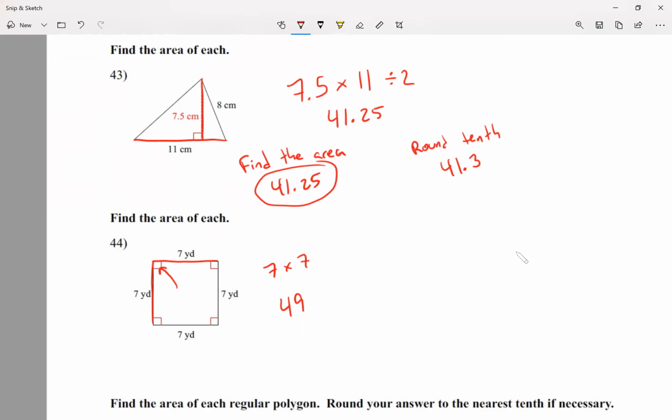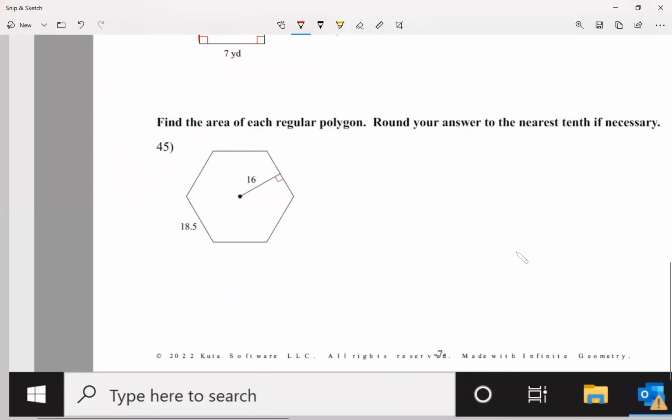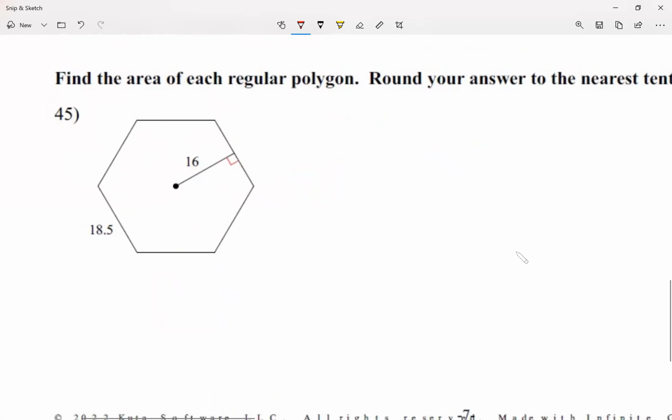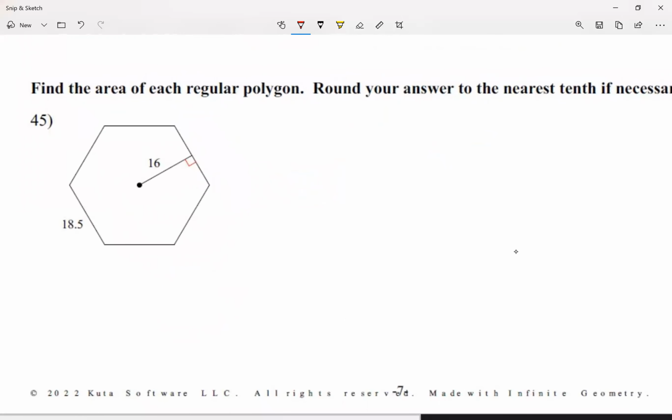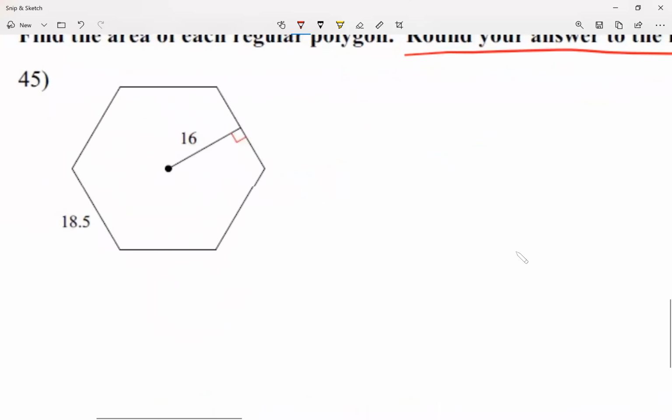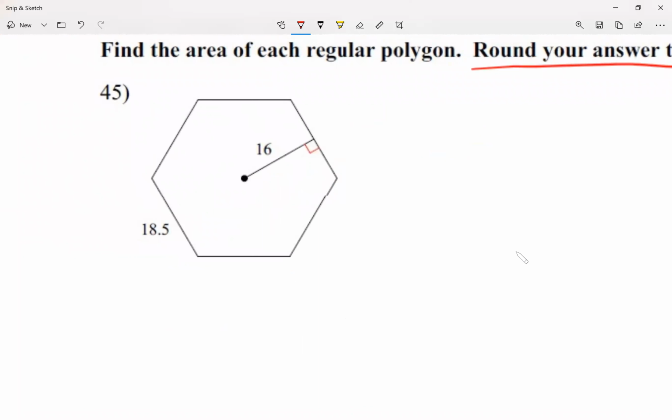All right, moving along, let's take a look at question number 45. Find the area of each regular polygon. Round your answer to the nearest 10th. So now this one says to round it. So if I have a decimal, 1 decimal place. Okay, so let's take a look. In my polygons, I have to look for a triangle.